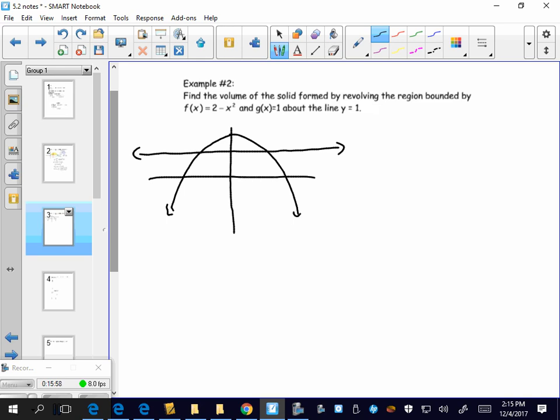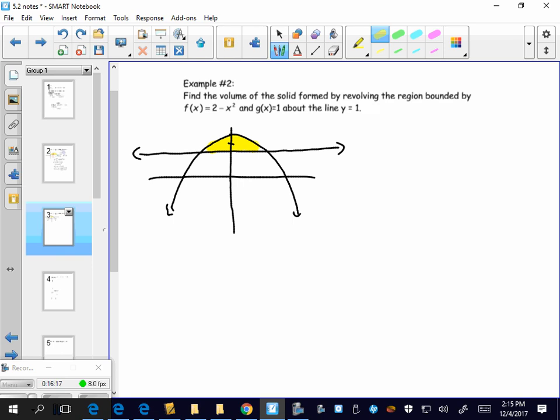And it's the region which is bounded by that. So if I want to bound that region, it's going to be this. Didn't work. Let's try again. It's going to be this space in here. Okay, that's the region that is bounded by those two things.